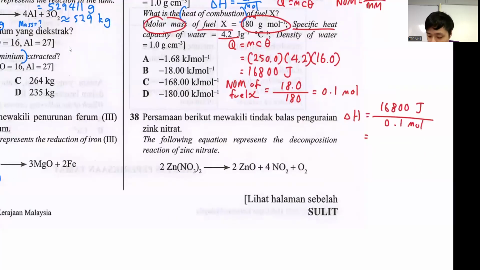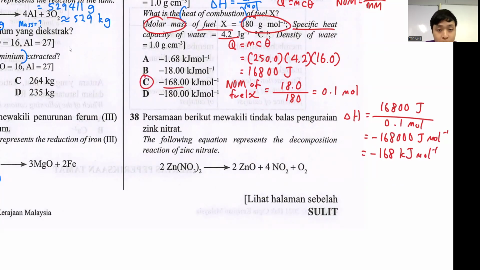So you will get negative 168,000 joule per mole. But you have to shorten to kilo, see? So shorten to kilo means divide by 1000. You get negative 168 kilojoule per mole. The answer is C, negative 168.00 kilojoule per mole. Okay.